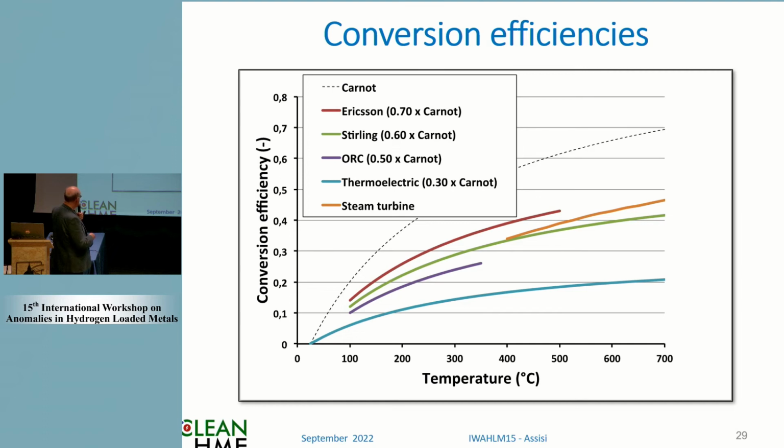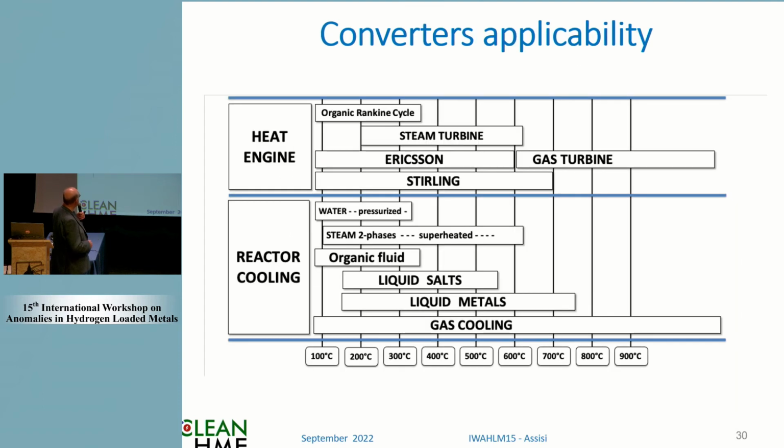So you know this, the Carnot efficiency depends, of course, on the absolute temperature, and all the other curves are below that one. And also, when you select a converter, the efficiency is not the only point to take into account. You must know how to make the coupling between the heat source and this converter. It's not that easy.